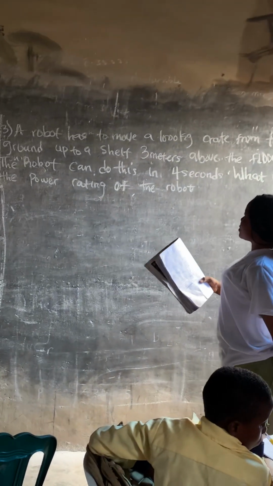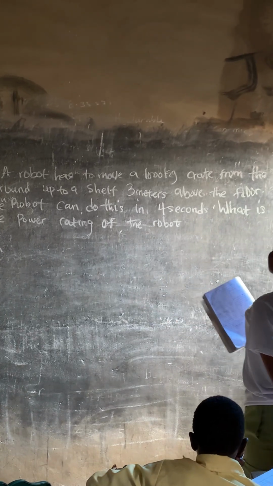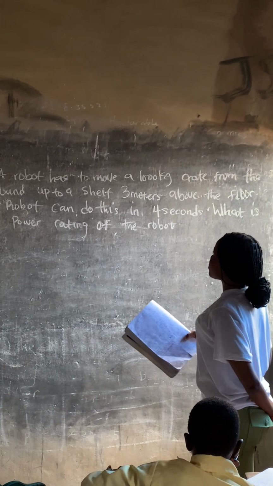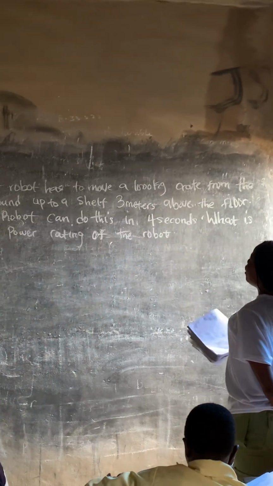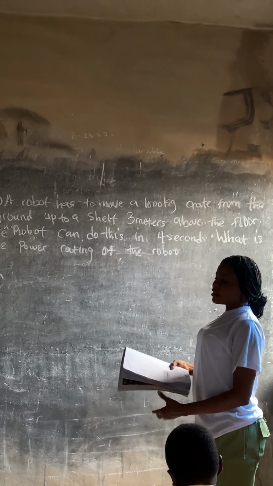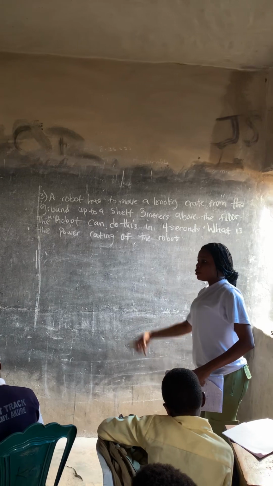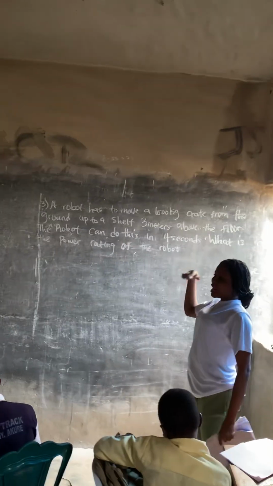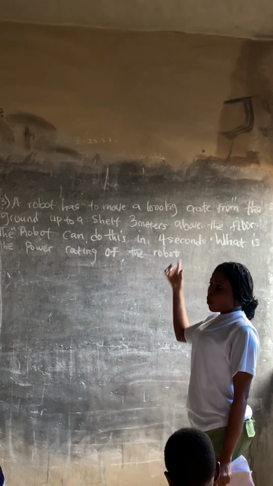A robot has to move a 1,000 kilogram weight on the board from the ground. Please, when solving this one, when they tell you from the ground, that means it's carried from down to up. That's already telling you that you are going to use gravitational field, that's for work done.